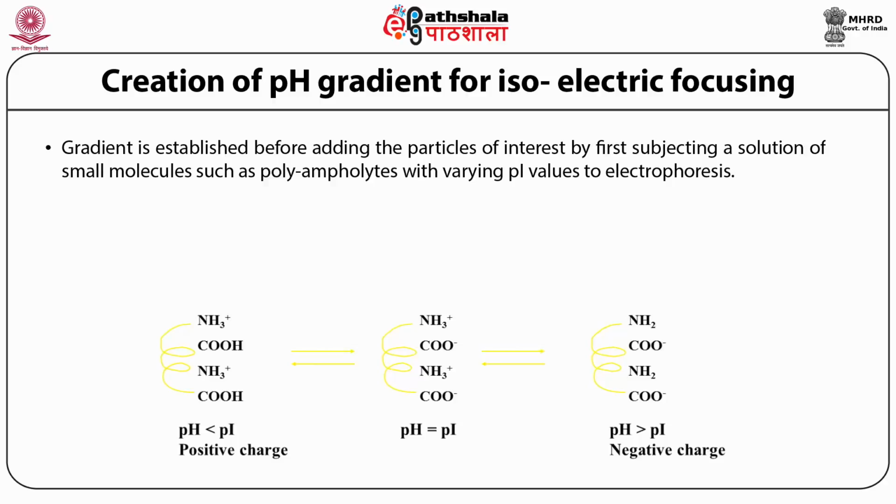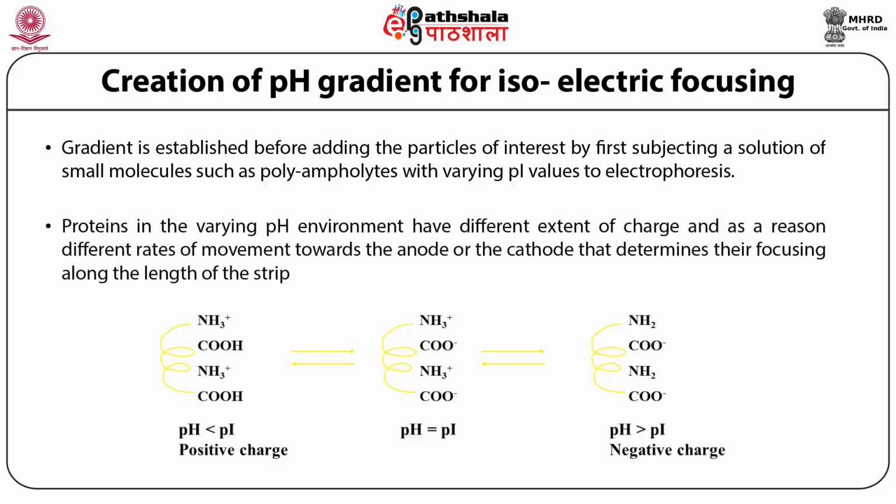When proteins get into this IPG strip during the process of rehydration, the proteins in the varying pH environment will have different extents of charge as explained in the previous slide, and therefore they will have different rates of migration towards the anode or cathode, and that determines their focusing along that strip.